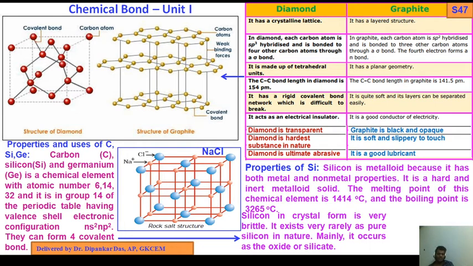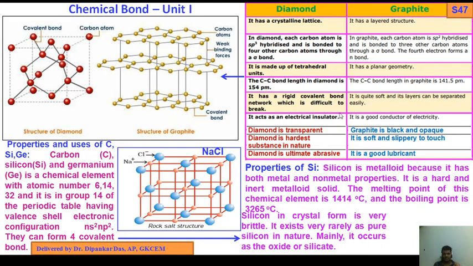So these are the basic differences between diamond and graphite. Again, diamond has a crystalline lattice, graphite has a layer structure. In diamond, each carbon atom is sp3 hybridized; in graphite it is sp2 hybridized and bonded to 3 other carbon atoms through sigma bonds. Diamond is made of tetrahedral units, graphite has a planar geometry. The CC bond length in diamond is 154 picometer, and in graphite 141.5 picometer.